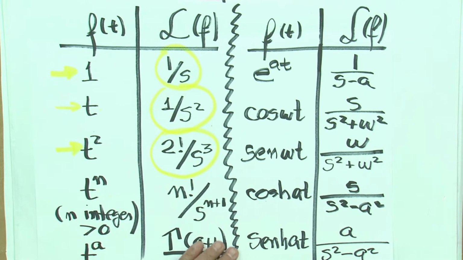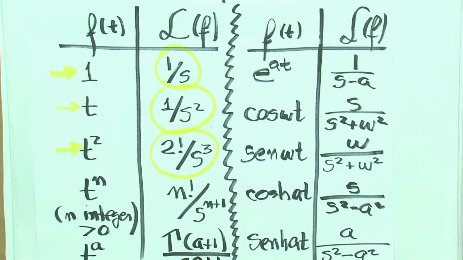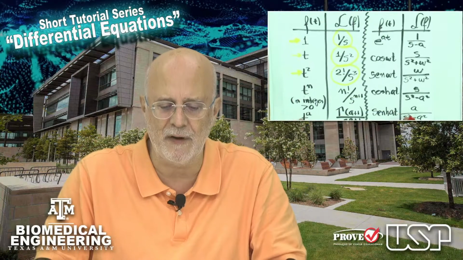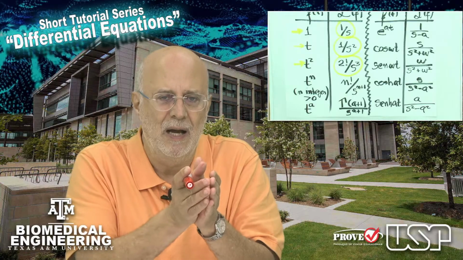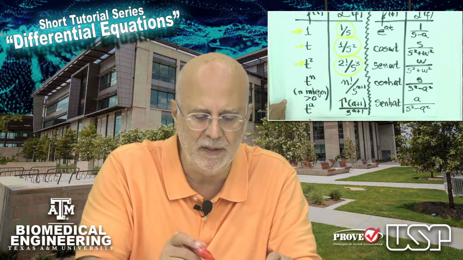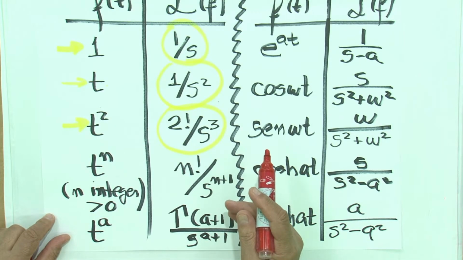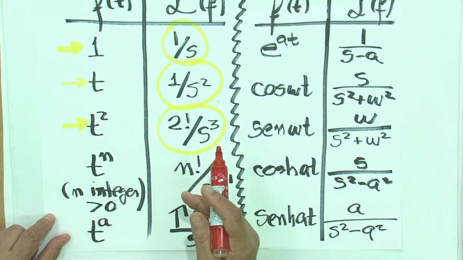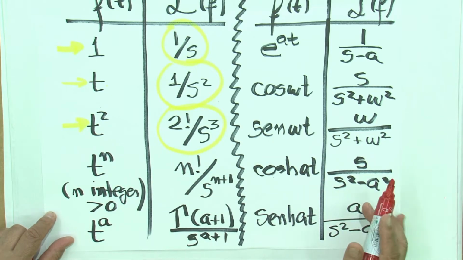right? And then I can generalize, and this is important because if I have in my differential equation a function that's a series of powers of t, the Laplace transform will be the series of transformations of each term.